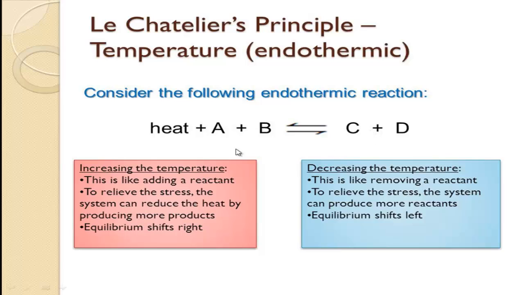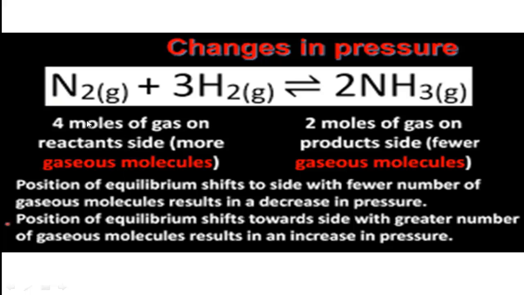If the temperature is decreased, the exothermic reaction rate should be increased, and the backward reaction is exothermic, so the equilibrium position shifts to the left side. In this way, you can easily identify your equilibrium position by changing the temperature factor. Now I will discuss the factor of pressure.